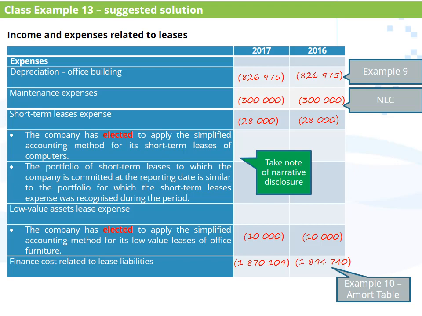So if you go back to your amortization table of example 10, you will see in 2016 the interest component of the lease installment of 2.1 million was 1,894,740, and that was journalized to the SPLOKI, and in 2017 it was 1,870,109. So as you can see, this portion is really easy. You've done all the calculations already. It's just plugging in the figures.